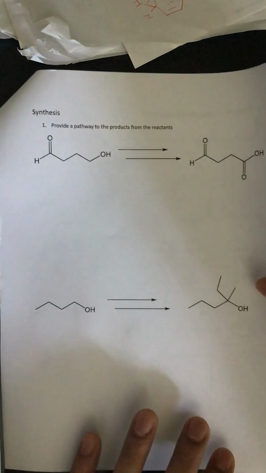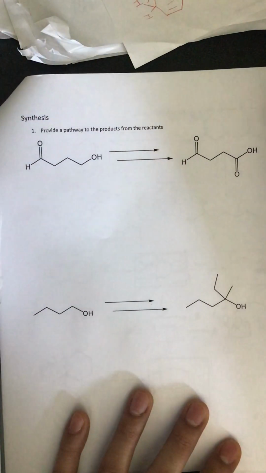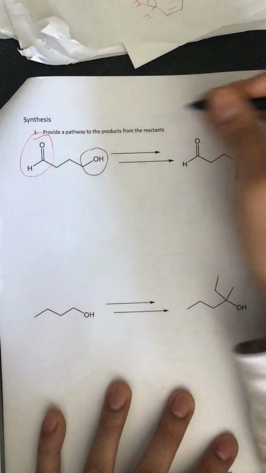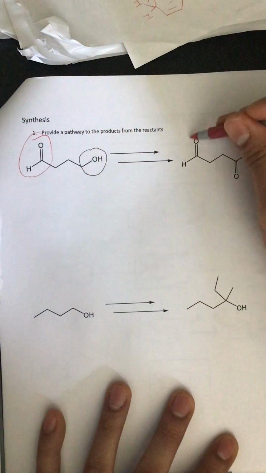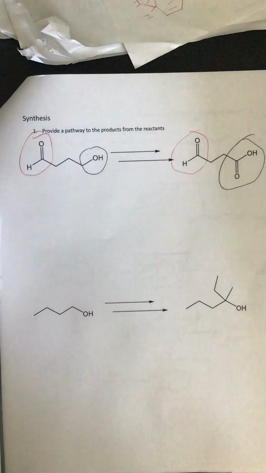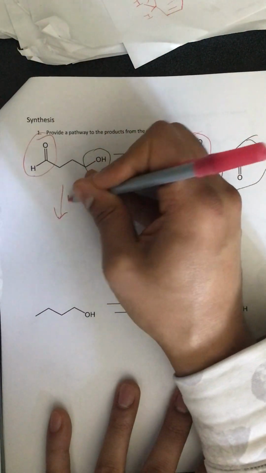Then we got some synthesis problems. Provide a reasonable synthesis to get from the reactants to the products. So this one, remember, there's basically 2 sides. There's the red side and the black side. The red side stays the same. The black side oxidizes to carboxylic acid. So what we need to do is acetal protection.